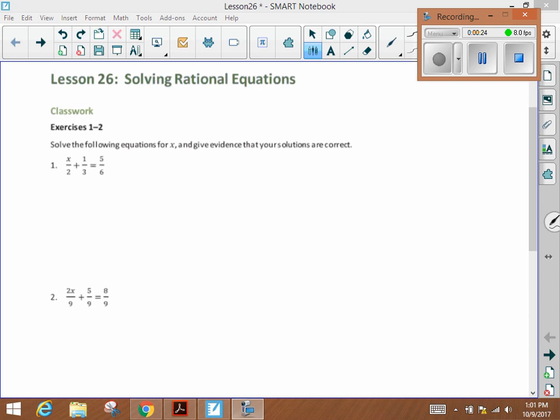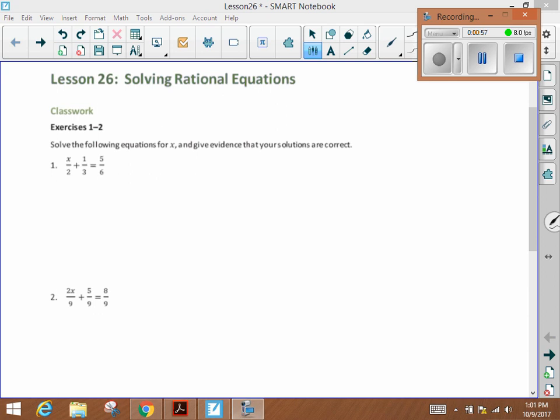We'll work our way towards that, but what makes an equation rational is that there is normally going to be a variable in the denominator of a fraction. That's what makes a rational function a rational function, is that you have some sort of variable in your denominator. So we're going to have to recall a lot of our fraction rules in order to do this.